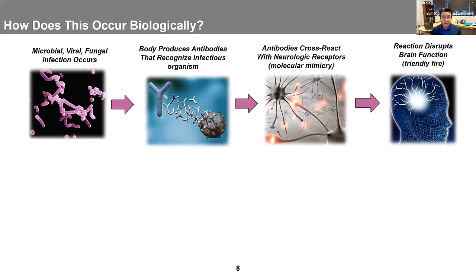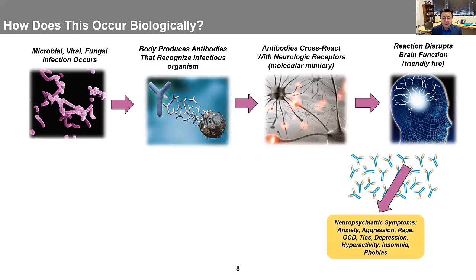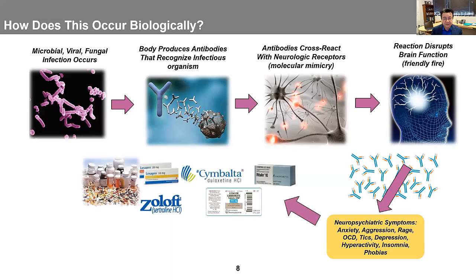In cases where the antibodies cross-react with, let's say, neurologic receptors, they can cross the blood-brain barrier, as was mentioned in the JAMA Psychiatry article, and interfere with normal brain function, what we think of as friendly fire in wartime. That results in these heterogeneous neuropsychiatric symptoms because of the antibody interference with different biological receptors.